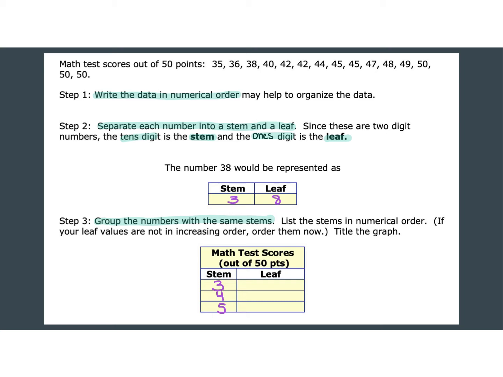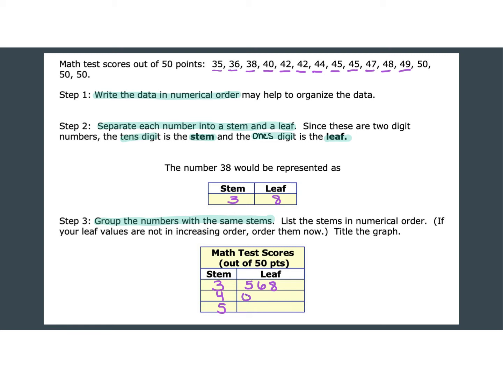I see my first 3 data values are 35, 36, and 38. So my 3 leaves would be 5, 6, and 8 for my stem of 3. Then for my stem of 4, I see 40, 42, 42, 44, 45, 45, 47, 48, and 49.